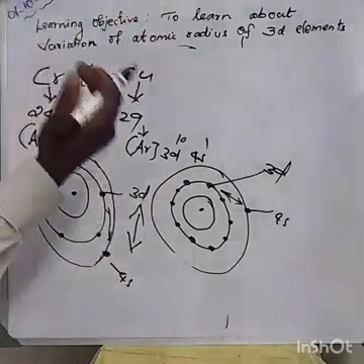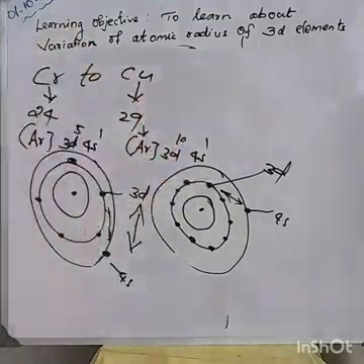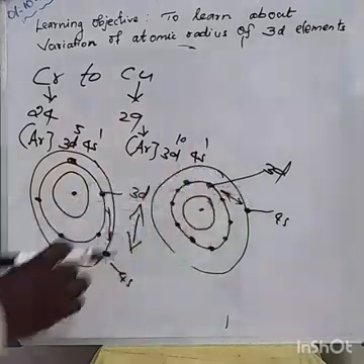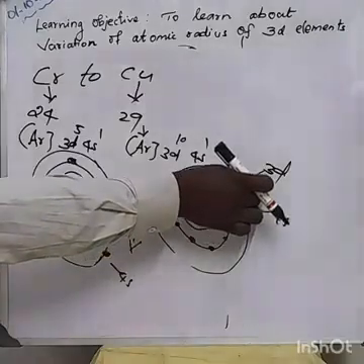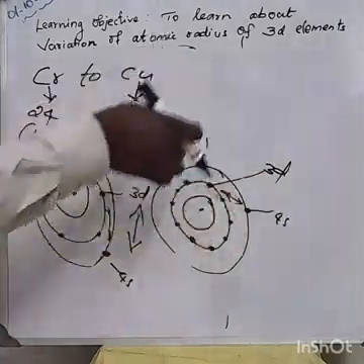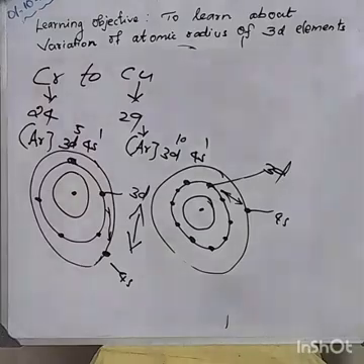Also there is the repulsion between the electrons, and the attraction between the electrons and the protons, maybe taken like that. Here, the two forces are operating between the 3d and the 4s, and they tend to balance each other.